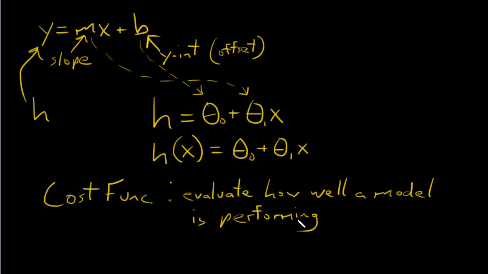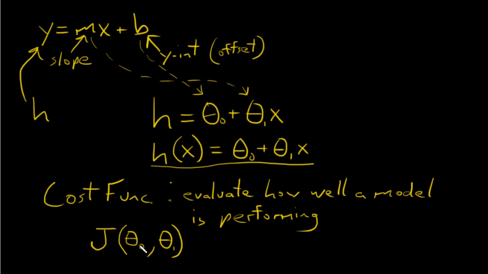Okay, we are going to give the cost function a special letter. We are going to give it the letter J. You will be using the letter J to represent cost functions from here out. And in our case, if we're talking about a function that looks like this, we're going to be evaluating how well that's performing by looking at theta 0 and theta 1 with our model.